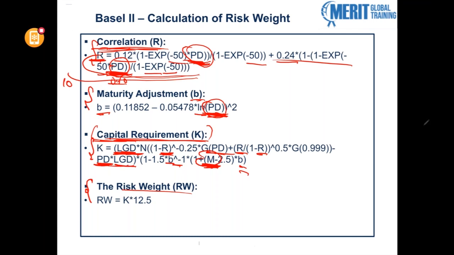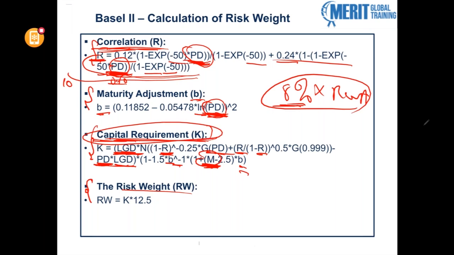You can see this formula is actually different. Capital requirement is 8% of RWA. This capital requirement of 8% is different from this. Please note that this is just used to calculate RWA, or risk weight, under internal rating-based approach. And this is the formula for this capital requirement K. So please don't confuse it with 8% of RWA. They are actually different.